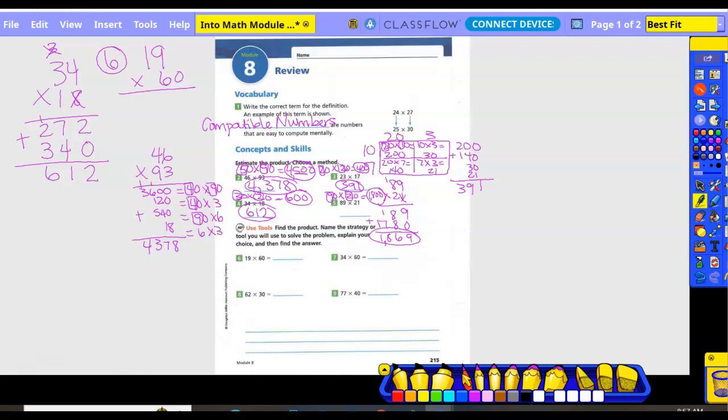Now, you can only do that with a unit of 10 that has a 0 on the end.